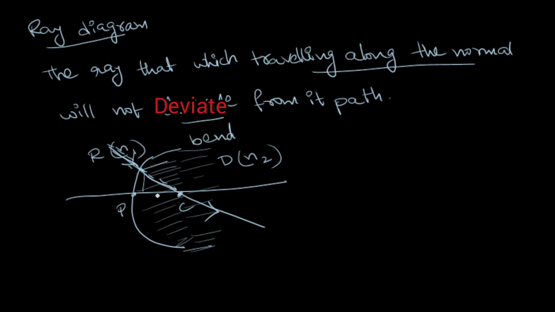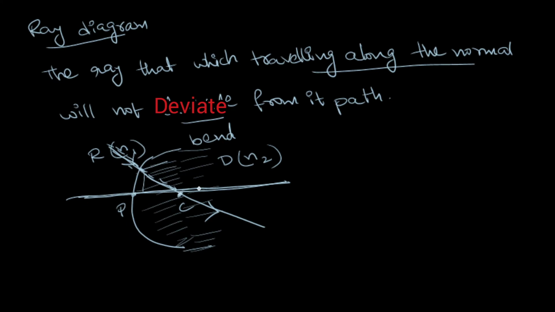Okay, and I'm taking one more ray which is passing through this principal axis. This principal axis is also one of the normals, right? Why? Because this principal axis is passing through the point on the surface, passing through the line which joins the point on the surface and the center of curvature, right?